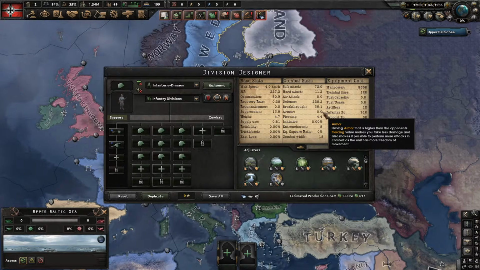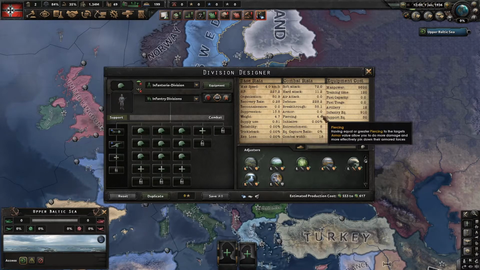If you have, for instance, better guns, it will give you better armor. If you have better clothing or whatever, it will give you better armor. It will protect your troops better. And if your armor value is higher than the enemy's piercing, then you will take less damage and you can move more freely around the battlefield, making your unit much stronger. You can do many more attacks.